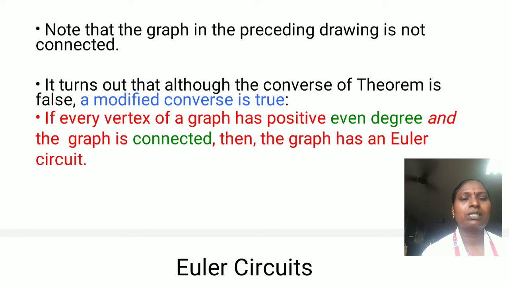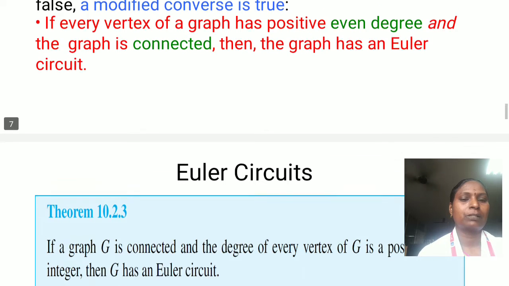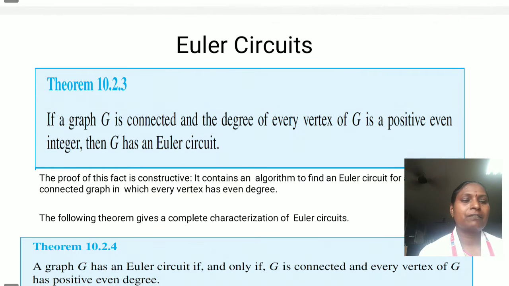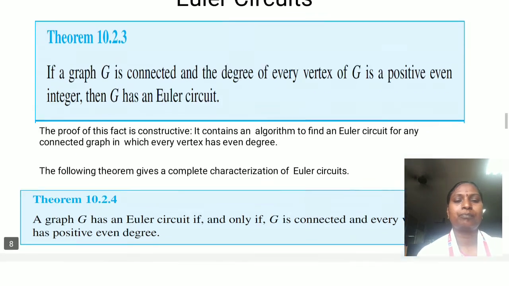It turns out that although the converse of the theorem is false, a modified converse is true. If every vertex of a graph has positive even degree and the graph is connected, then the graph has an Euler circuit. If a graph G is connected and the degree of every vertex of G is a positive even integer, then G has an Euler circuit.